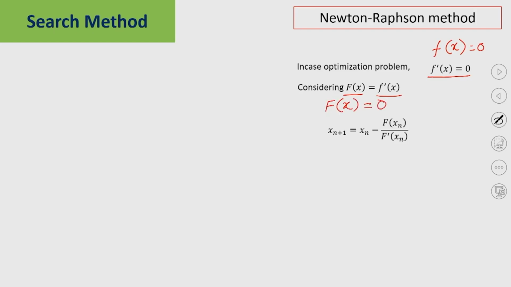That means we are trying to find the root of this capital F(x) function. Therefore, I can apply the same Newton-Raphson method for finding the root of this capital F(x) function.